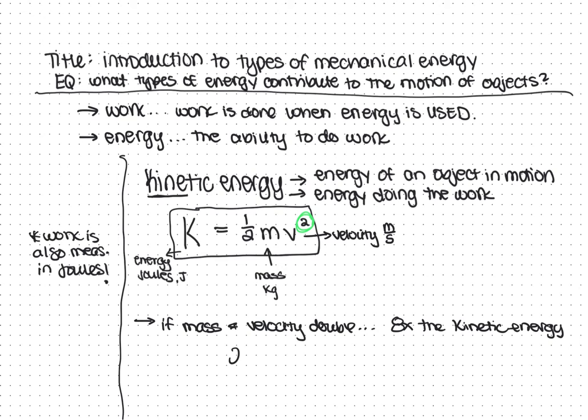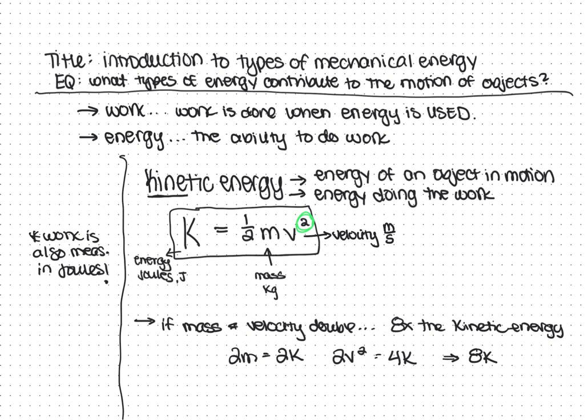So doubling the mass is going to give you 2 times the kinetic energy. But kinetic energy is proportional to velocity squared. So doubling the velocity would be 2 squared. So 2 times the velocity squared will give us 4 times the kinetic energy, and 2 times 4 gives us 8.